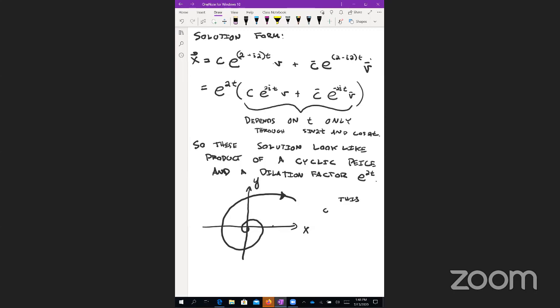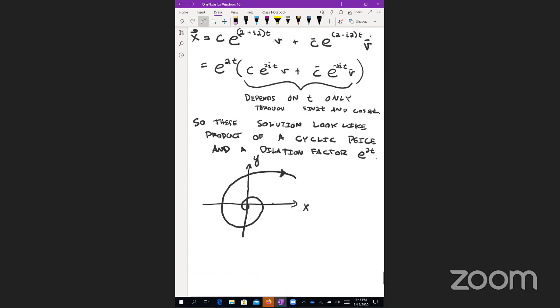So since 2 is greater than 0, e to the 2t expands the orbit as t goes to infinity.